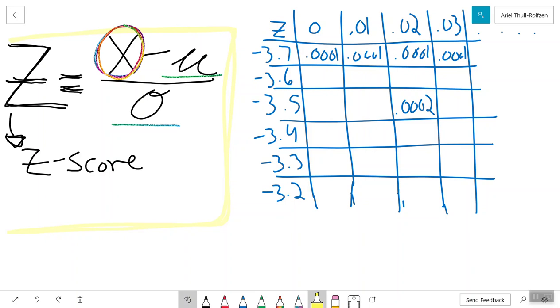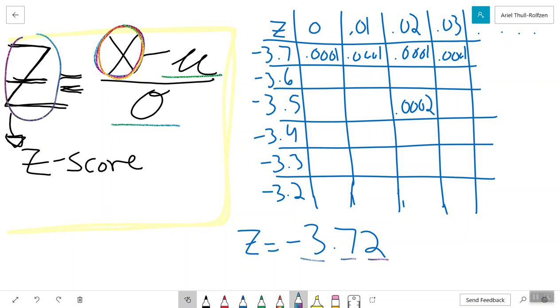So now let's go back to the table. Let's say that I've solved for z, and my z equals negative 3.72. Notice that there are 3 digits. We always round to 3 digits when we're doing normal distribution and using z, which we are for all of the problems we're doing now. So when we're solving for z, we have to have 3 decimal places.